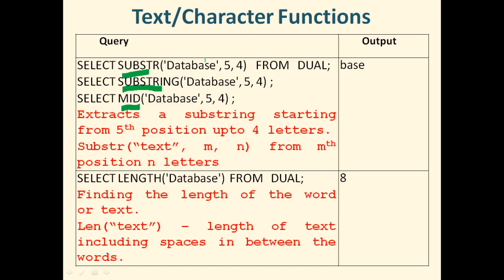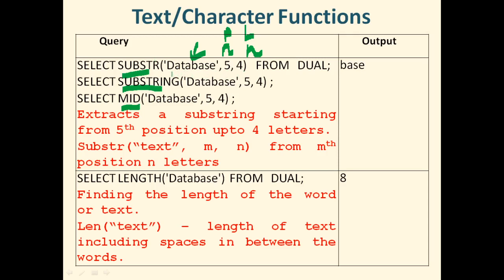All three functions are able to extract a substring. And how? We require the first argument as a word, the second argument is a number, and the third argument is also a number. The second argument is the position, and the third argument is the length: how much do we want to extract? So let us understand here. Database is given as an argument. I want from the fifth position 4 characters to be extracted.